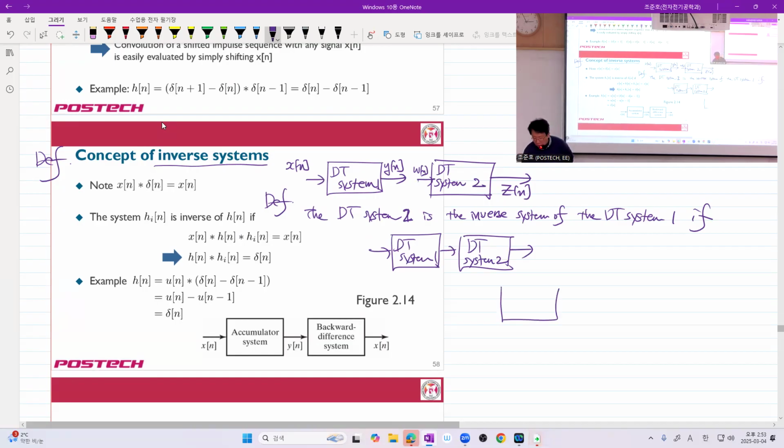Two ways: DT system 2 first and DT system 1 next, right?